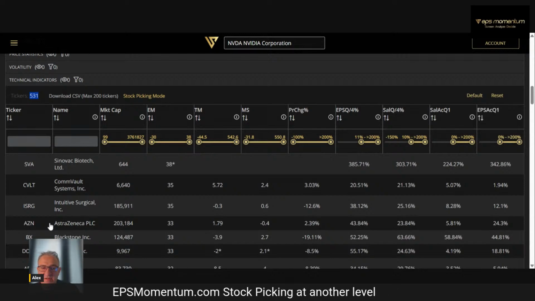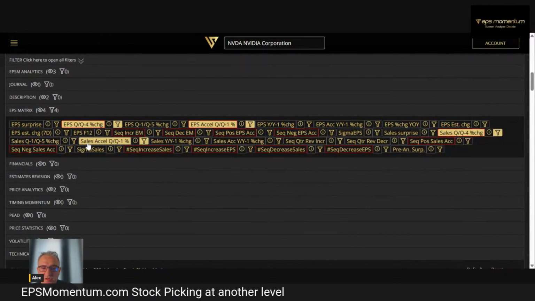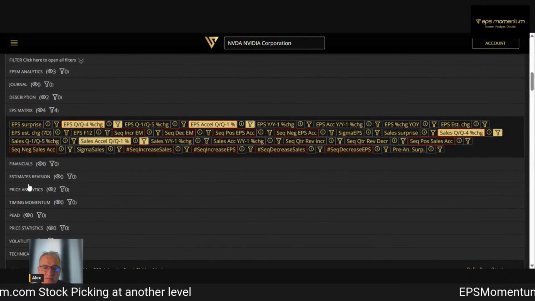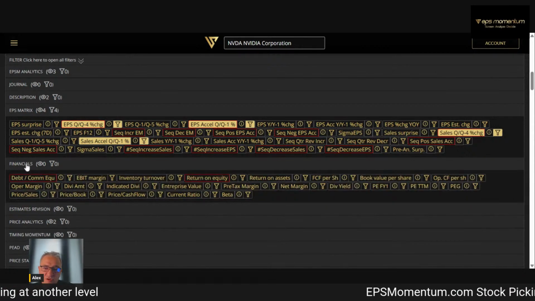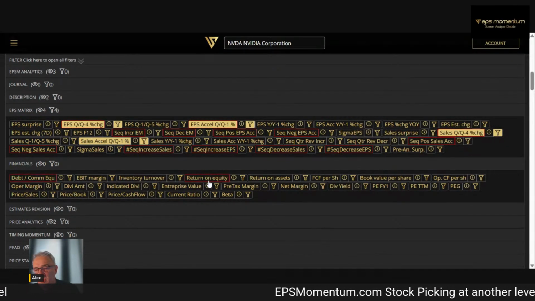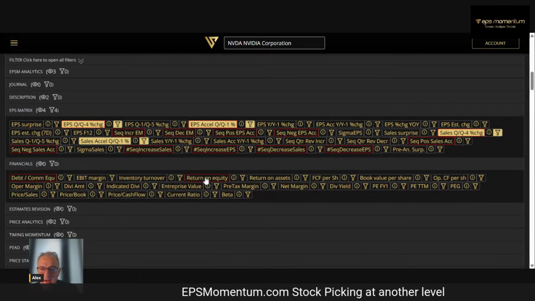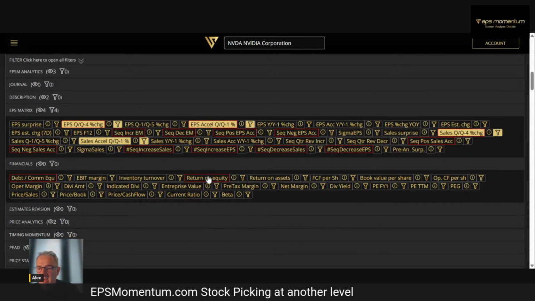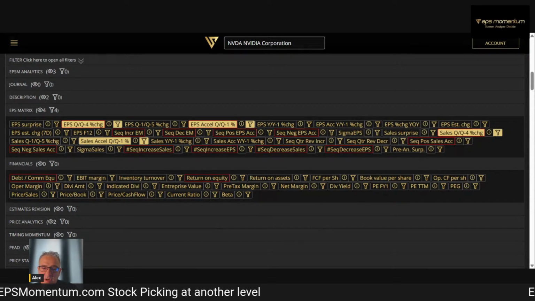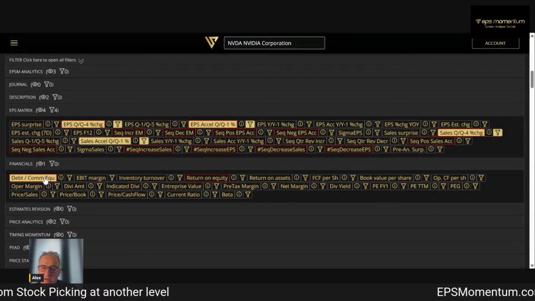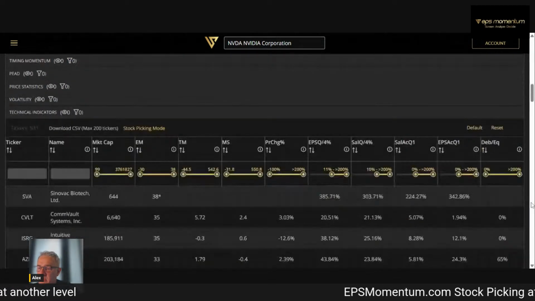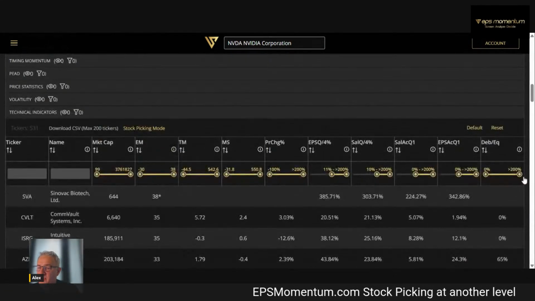Picking great stocks, you can also really look at financials, and if you want to add some return on equity or debt level, that's also debt to common equity. That's a pretty famous filter you can put in.